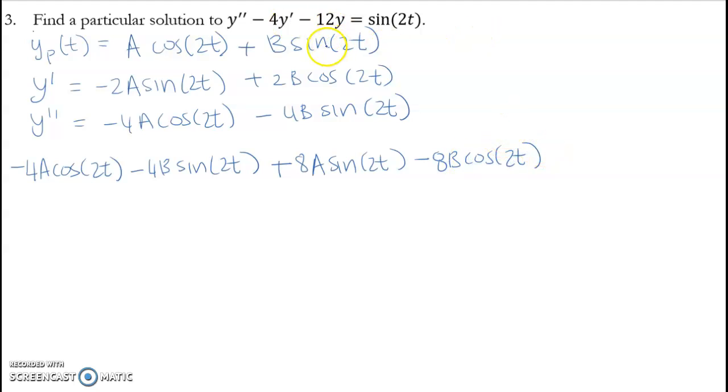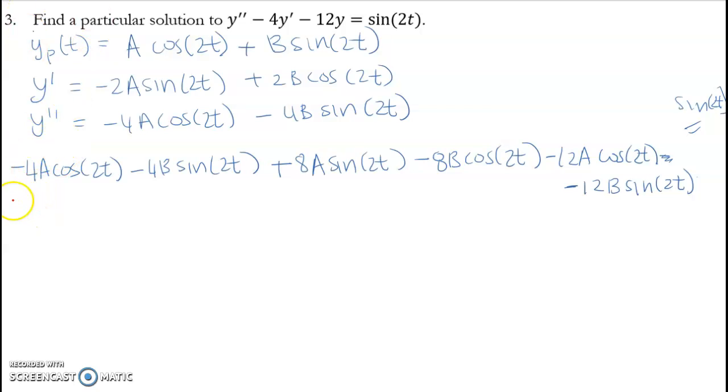And lastly, multiply negative 12 by our original y, so that's negative 12a cosine of 2t minus 12b sine of 2t. And that equals sine of 2t.